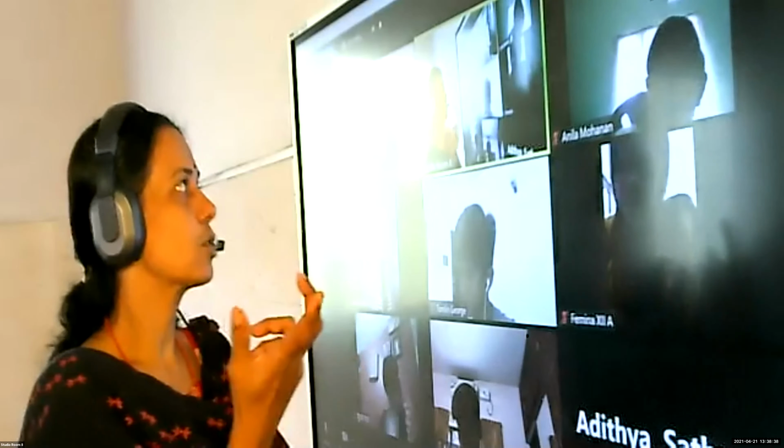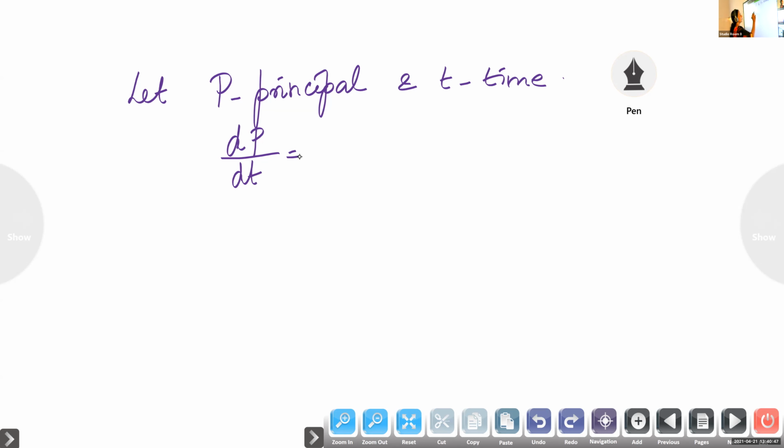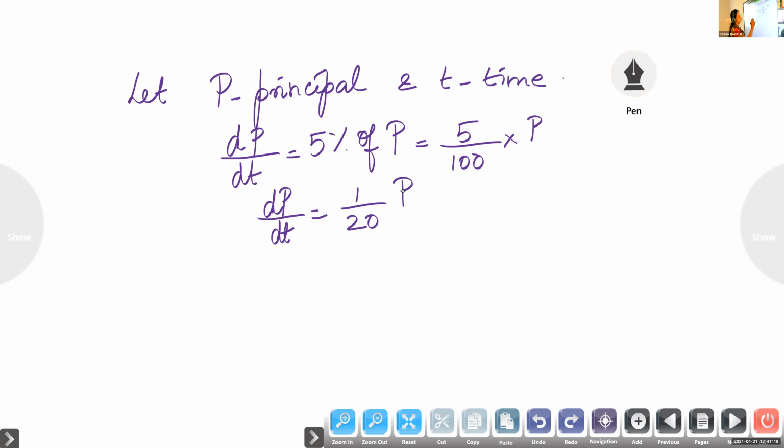It is increasing at the rate of 5% per year, so 5% of the principal, that is 5 by 100 of P, which is 1 by 20 of P. So dP by dt is equal to 1 by 20 P. Now separate the variables. dP by P is equal to 1 by 20 dt. Integrate and find the answer.